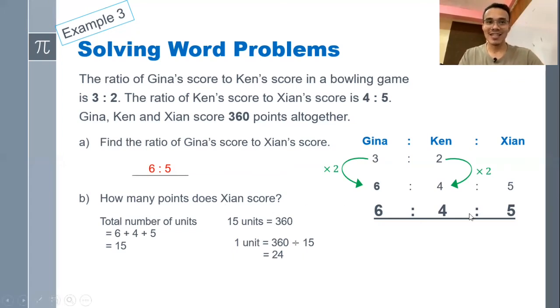Zian gets 5 units, so we have to find 5 units. 24 is the value of 1 unit, and we will multiply this one by 5. 24 times 5 is 120. Therefore, Zian scores 120 in a bowling game.